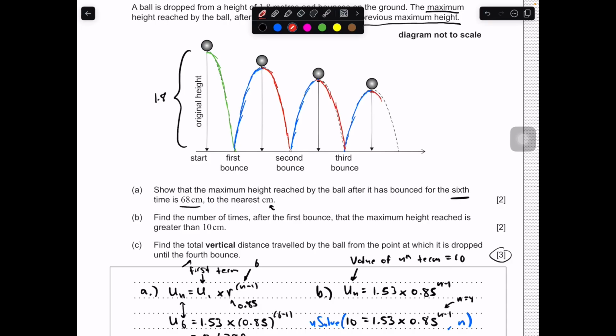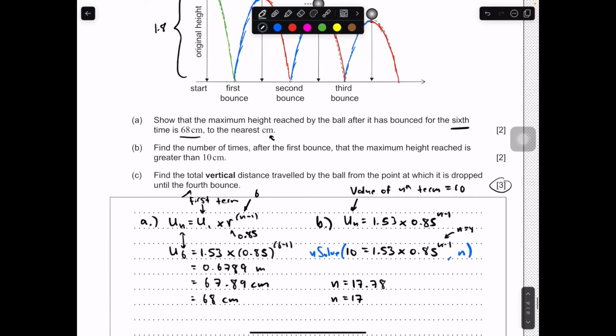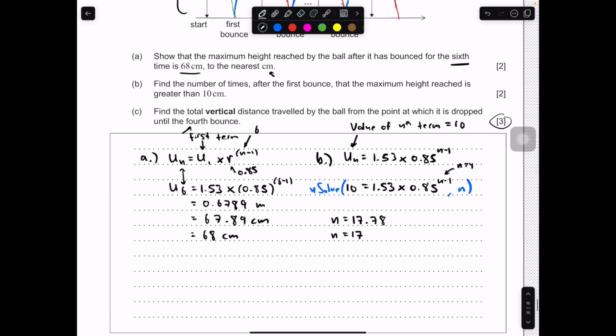So the total distance that this ball travels would be not only on its way up, but the total vertical distance is going up and then going down again. So it makes it a little more challenging and some extra pieces involved. So we've got this geometric sequence here, and we've got a formula for it right here.